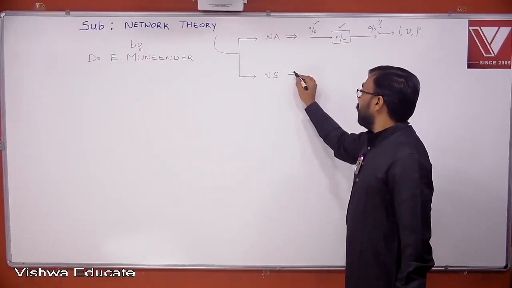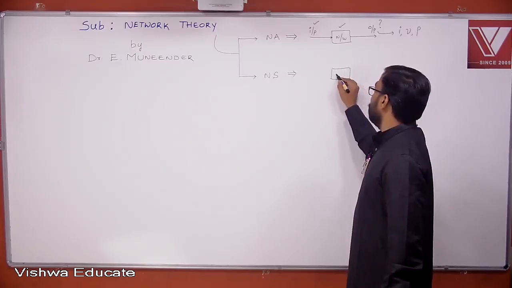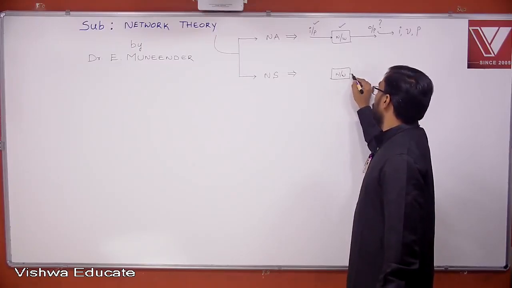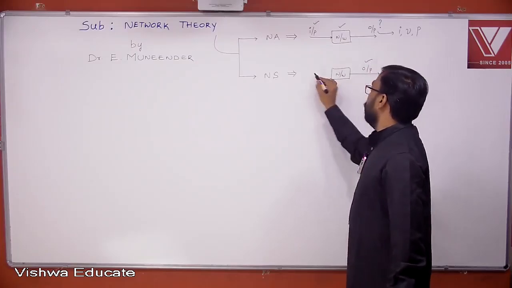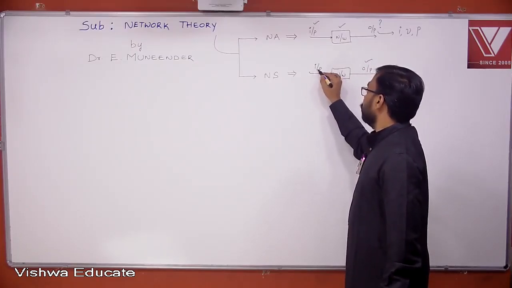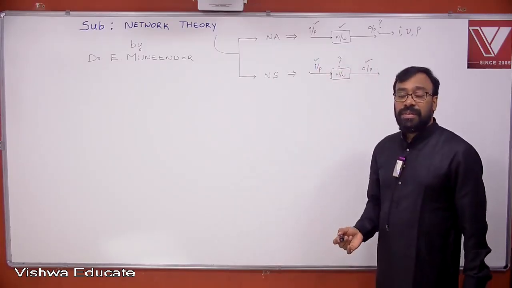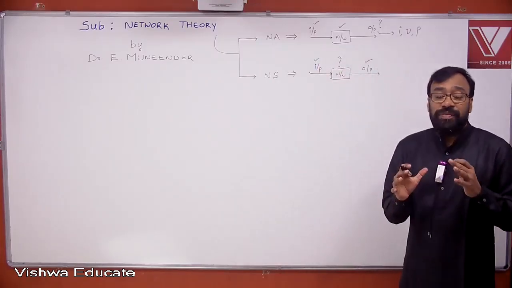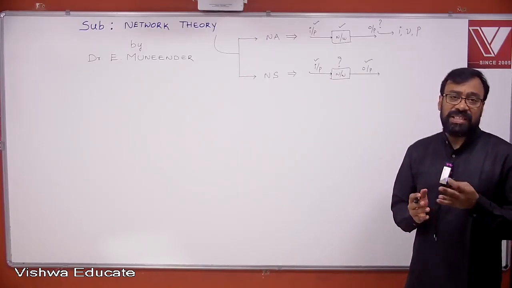Whereas network synthesis is quite the opposite of network analysis. You are given the output, and you are also given an input, but you are expected to realize a physical network using physical components like RLC elements.